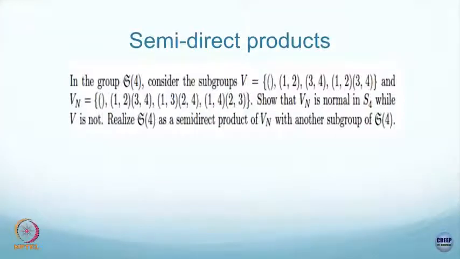Okay, so the other question which I had asked, there was a typo, this should not be S4, it should be the symmetric group of degree 4, okay, just correct it. So, we are taking a symmetric group of degree 4, 4 objects, and I have given 2 subgroups.